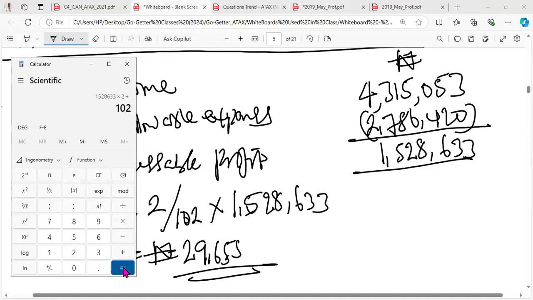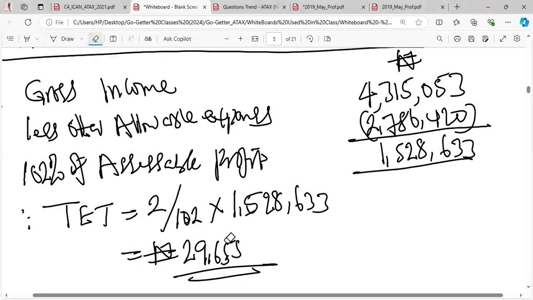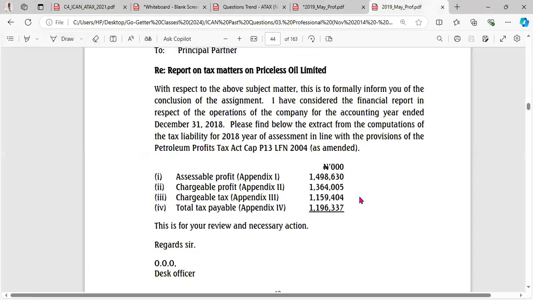I went to do 100. 29,973. I think this aligns with theirs. 29,973.